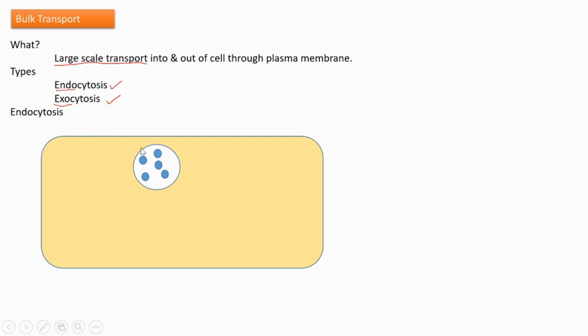This is endocytosis. By forming the vesicle, it entraps the material present outside, and that vesicle is formed from the plasma membrane itself. Simply, endocytosis is the taking in of substances from outside the cell to inside by the formation of vesicles.